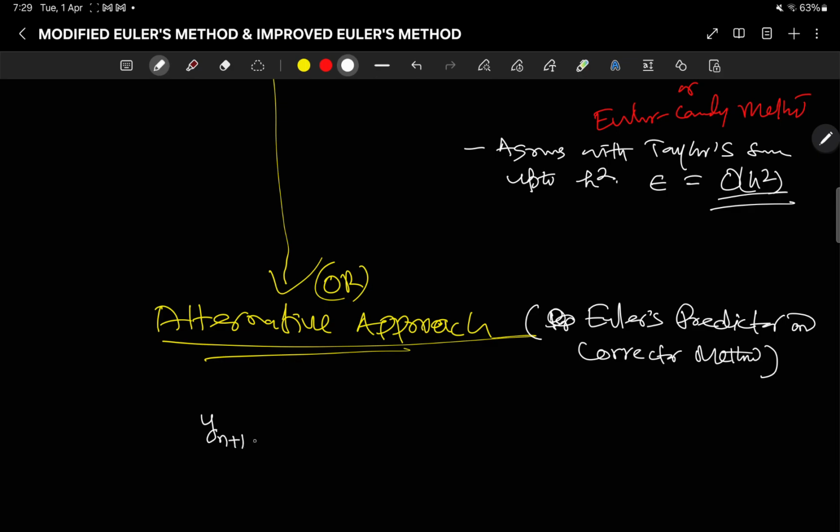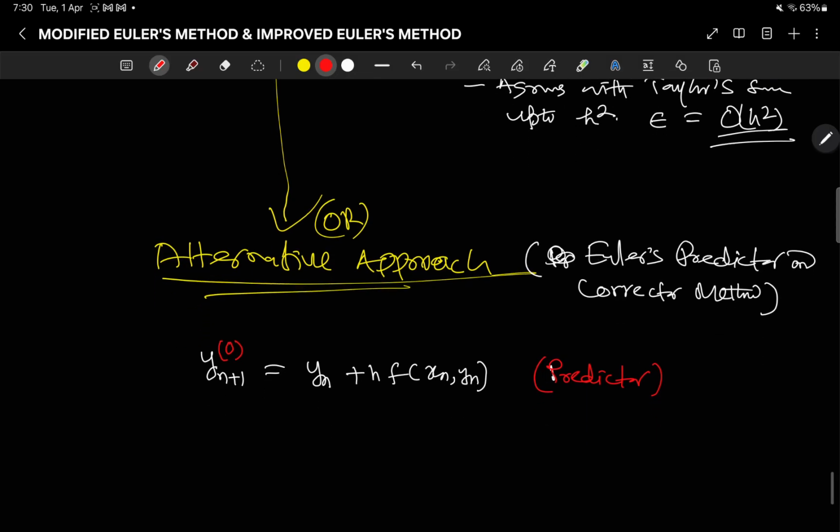Here yn plus 1 is equal to yn plus h f(xn, yn). This is in view of the Euler's formula, what we call the predictor, and suppose it is at the 0th step, at the initial stage we have this.